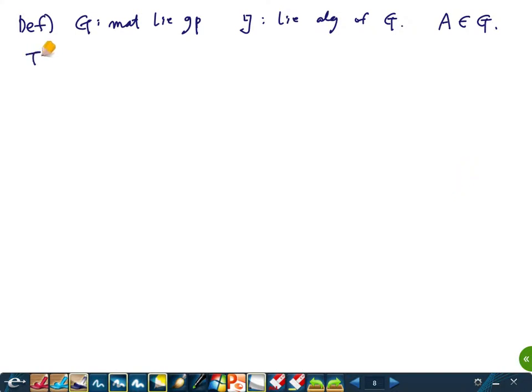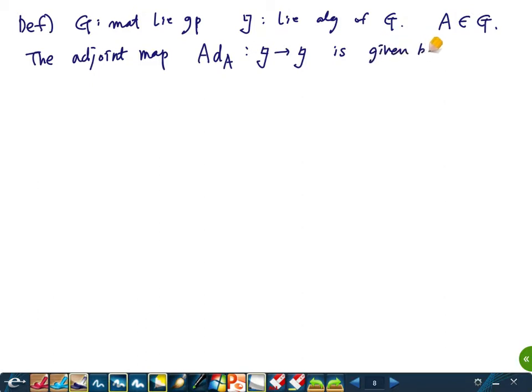Then we define the adjoint map Ad_A, but notice that we are now using capital A here. This is a map from 𝔤 to 𝔤, the Lie algebra. The adjoint map is given by Ad_A(X) equals A X A⁻¹, it's just a conjugation by A. This is the definition of the adjoint map.